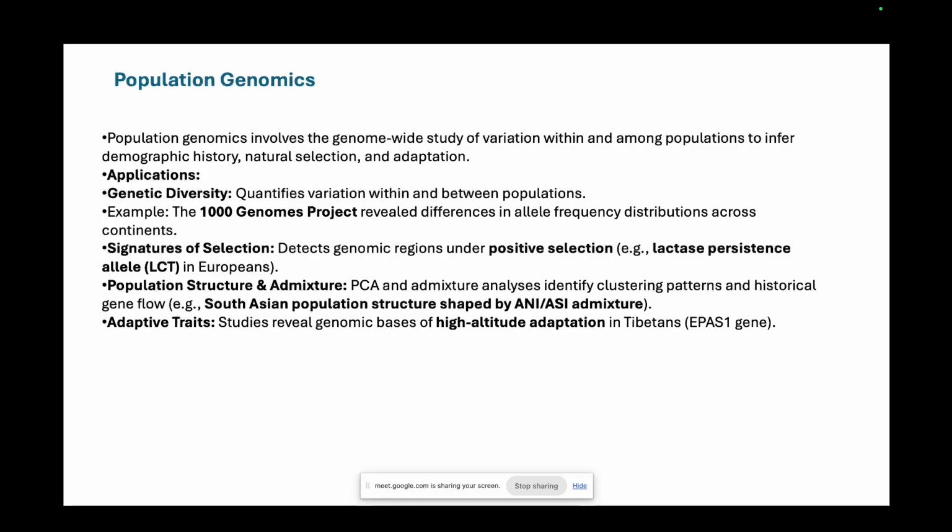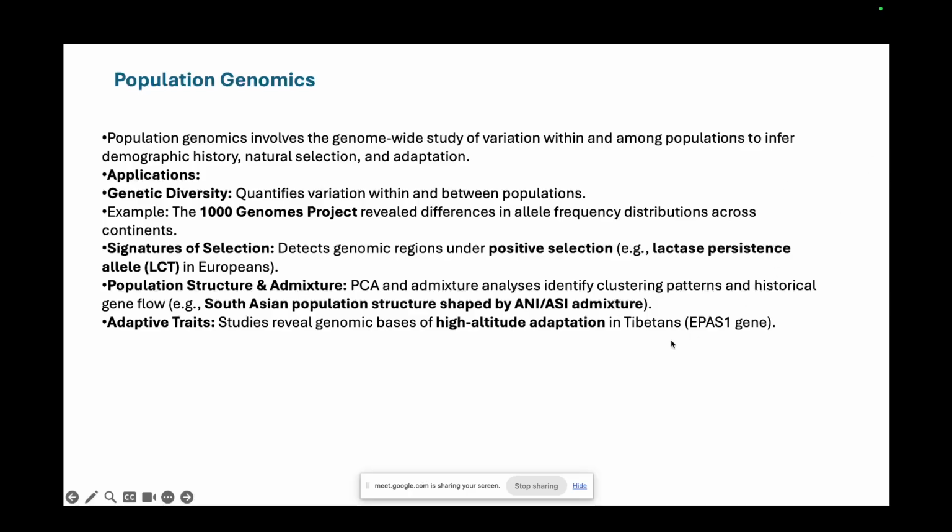Some are tribal, some are non-tribal. But the major two populations that you can see are an admixed population of ANI and ASI. ANI is ancestral North Indian, ASI is ancestral South Indian. So in terms of genetic architecture, we have two major populations in India, and there are smaller populations as well, but these are the major ones.